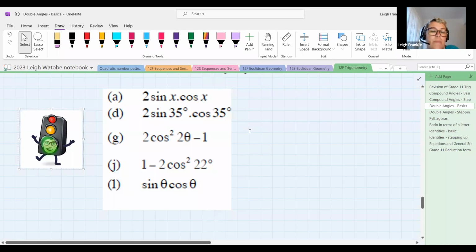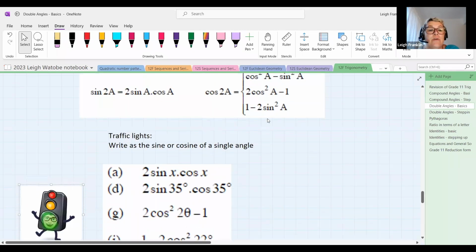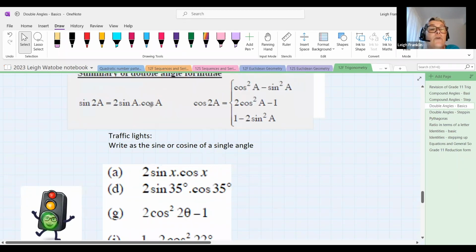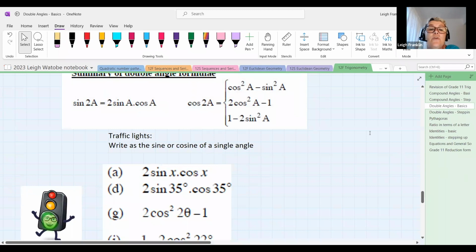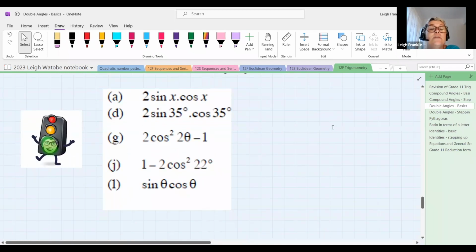I'll put up the answers to these at the beginning of the next lesson. What you are doing is the reversal of the expansion. So you're going to either write it as the sine or the cosine of a single angle. Over here as well are your formulae, but if you look at any formula sheet, you'll get them as well. So let's try those for homework, and we'll talk about those next time.